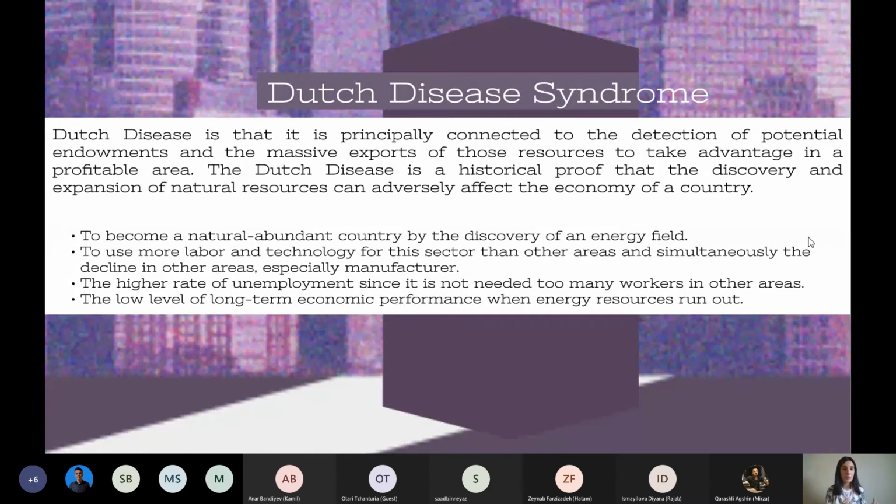But their expenditure, their cost, was higher than their benefit. So that was really hurtful for their economy, and they faced hyperinflation. Hyperinflation was more than 80,000%. Can you imagine? The general price level increased more than 80,000%.